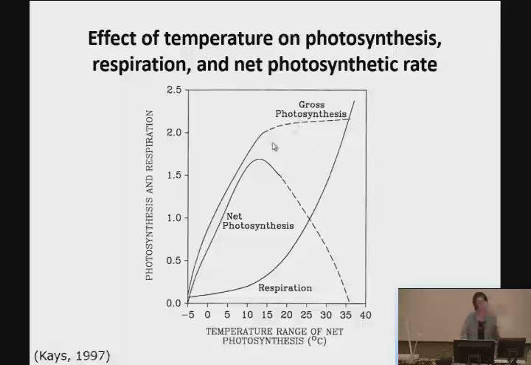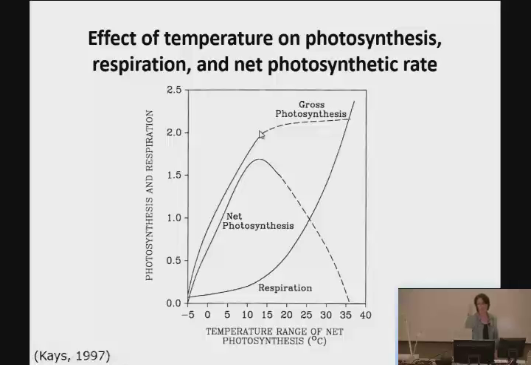Photosynthesis, if you remember, the real photosynthesis is gross photosynthesis, and gross photosynthesis minus respiration is the net photosynthesis. If you look at gross photosynthesis, it increases with increasing temperature and then levels off. That's a general understanding of gross photosynthesis responding. This particular bending point depends on the species.